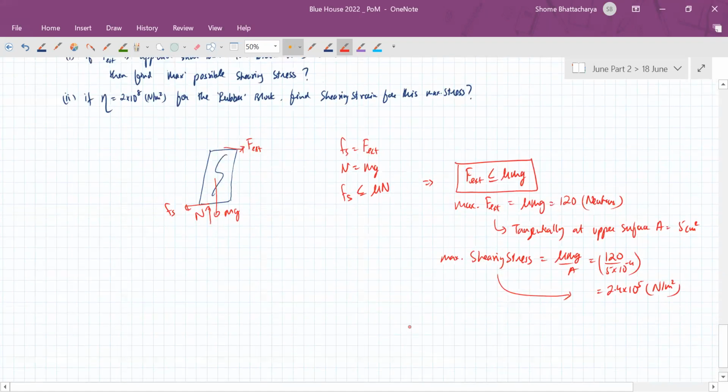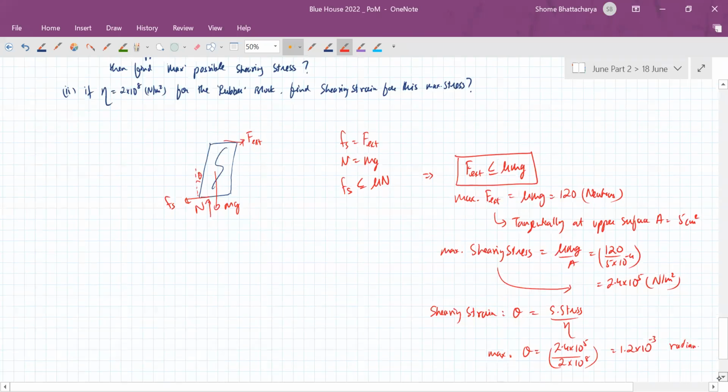So accordingly, the shearing strain, or the angle by which it bends, will be equal to shearing stress divided by modulus of rigidity. So this maximum angle by which it bends will be this divided by this, and this is in radians. Okay.